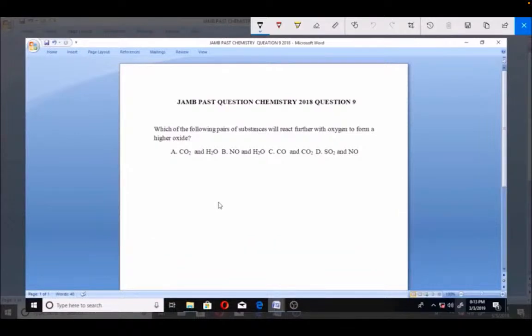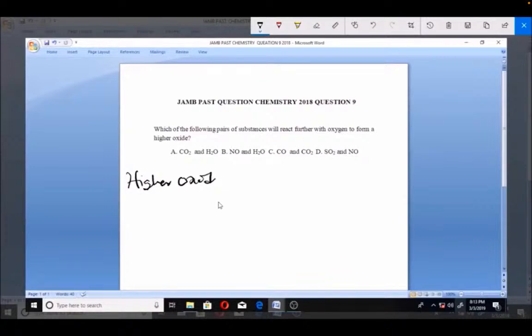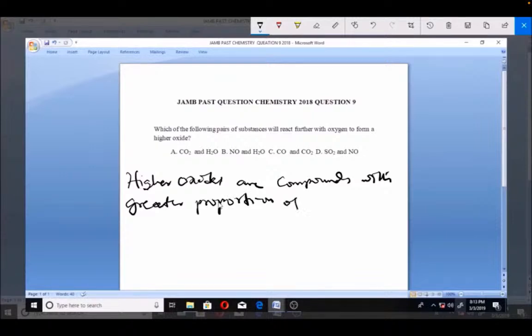Now, what are higher oxides? If we want to understand this, we need to know what higher oxides are. Higher oxides are compounds with a greater proportion of oxygen.